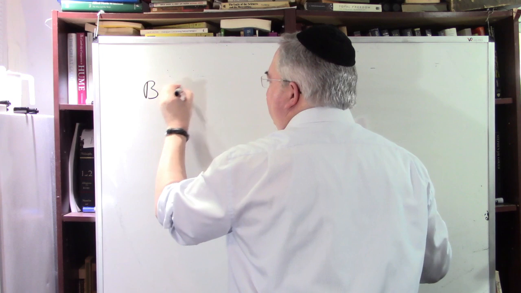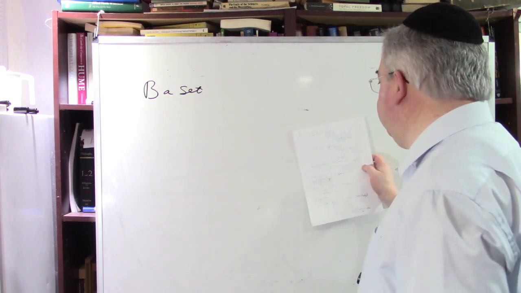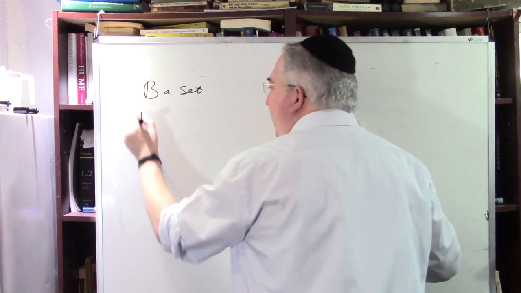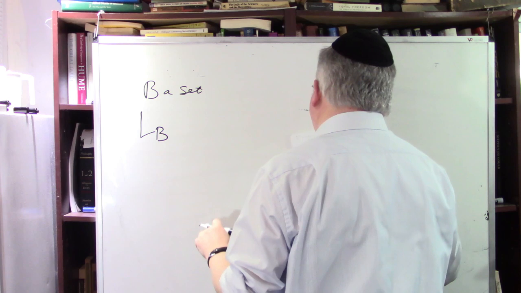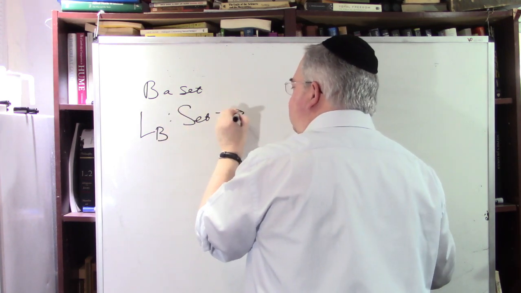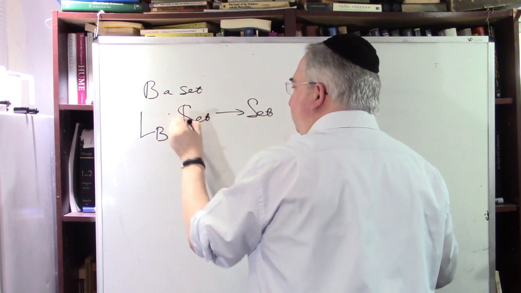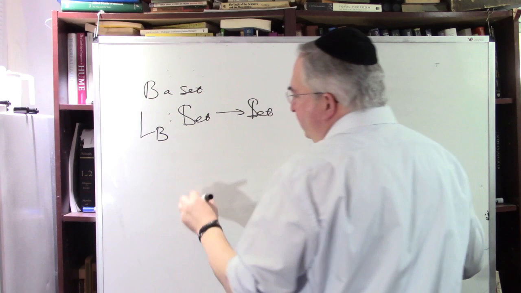Let B be a set. And now I want to describe two functors. One is called L sub B, L for left, and it depends on B. And it's a stupid functor. It goes from set to set, so it's an endofunctor. But fine, we'll call it a functor. And it's defined as follows.